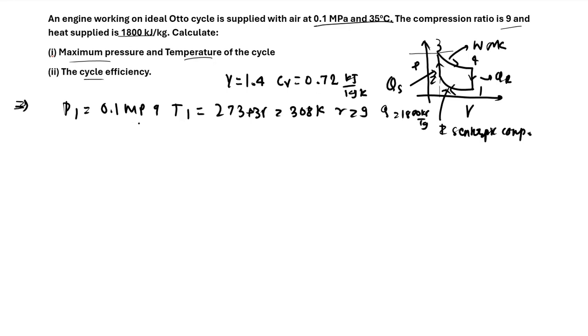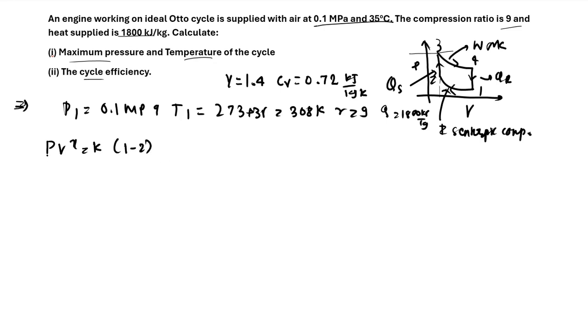It should be 0.72. And for the maximum pressure and temperature of the cycle, first we need to calculate the temperature at point 2, and then using the heat addition between points 2 and 3, we will calculate the temperature at point 3. So let us see how we can do that. Firstly, we have PV to the power gamma equal to constant for the process between 1 and 2, because it is an isentropic compression process.